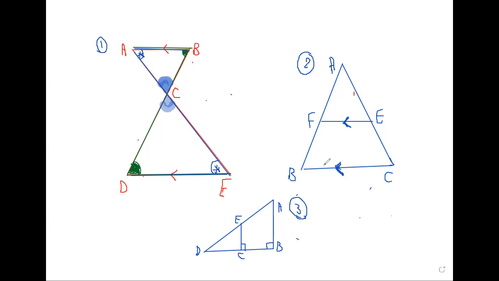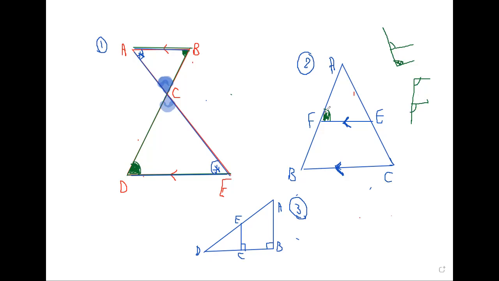Please concentrate. Triangle AFE and triangle ABC. Why? Because we have two corresponding angles. We said once we have two parallel lines and we have a transversal, it seems like letter F, like this. Those are two corresponding angles, right?